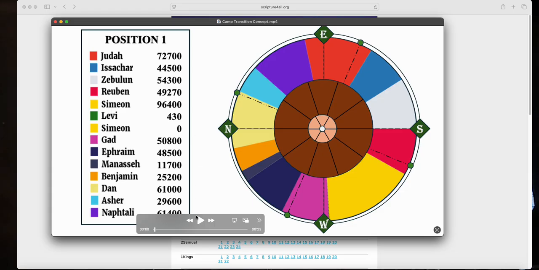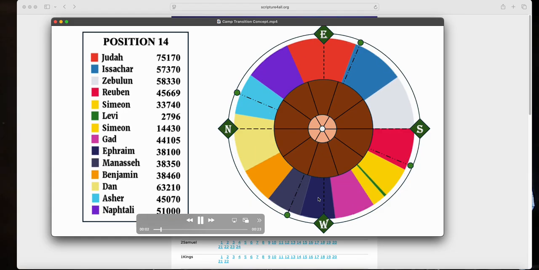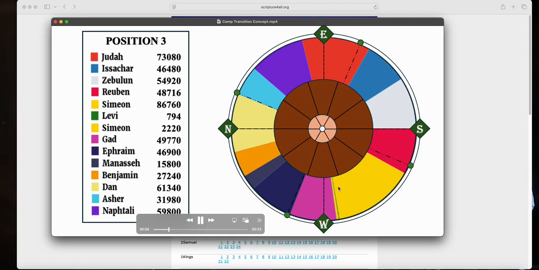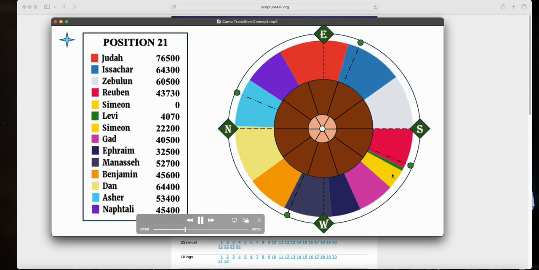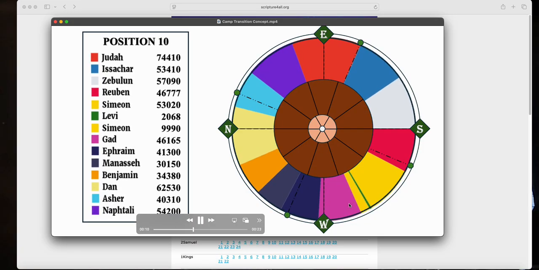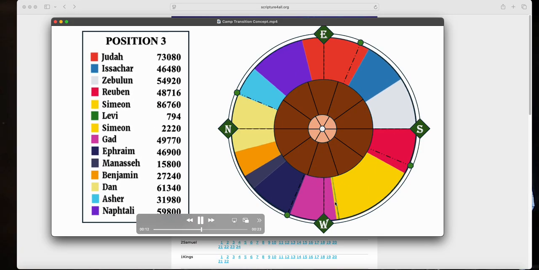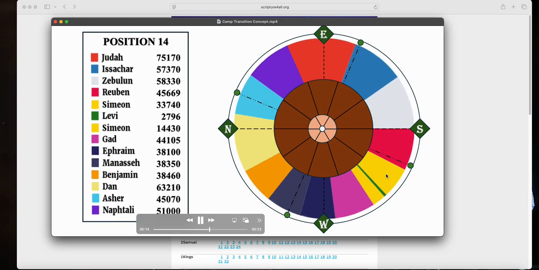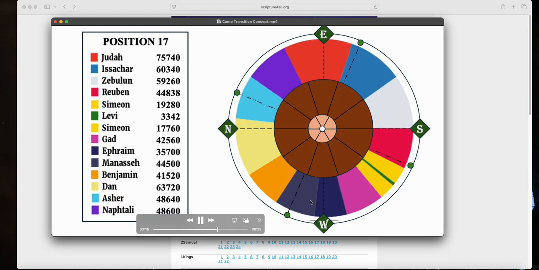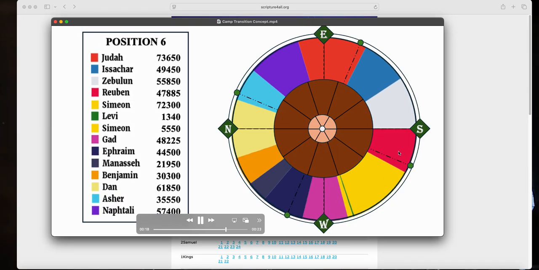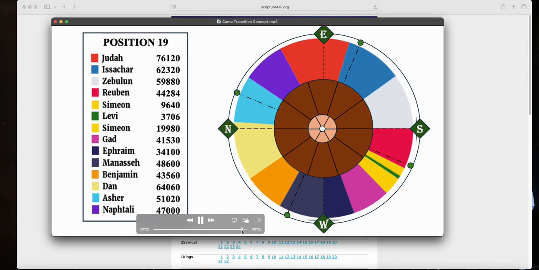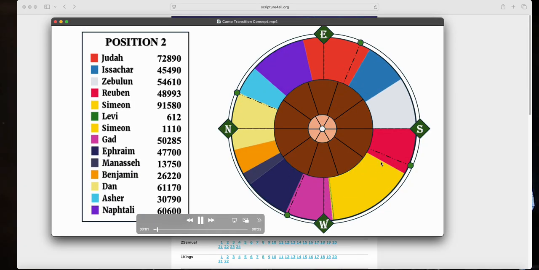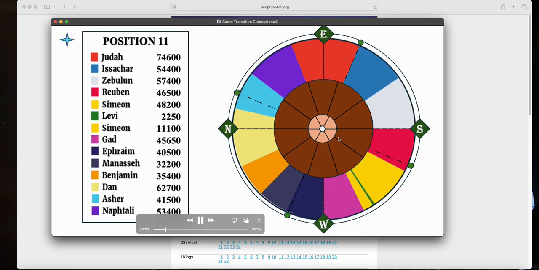Anyway, just play this and you'll see how Levi grows right here between our two parameters. And I did a transition of Levi across Simeon here. I don't know if that's correct or not, but it's just something I did. And then you'll just see how everybody grows over this period, and then they hit their break point and they go back the other direction.